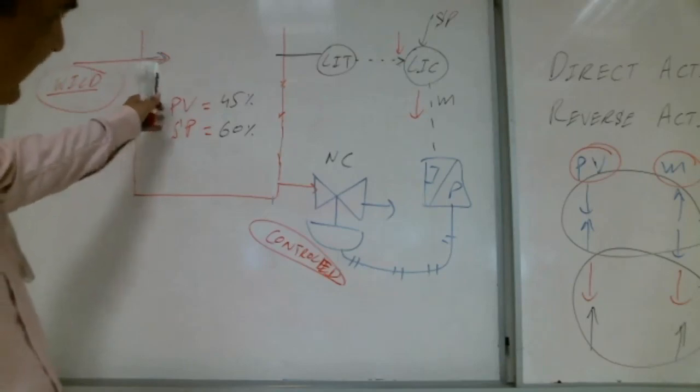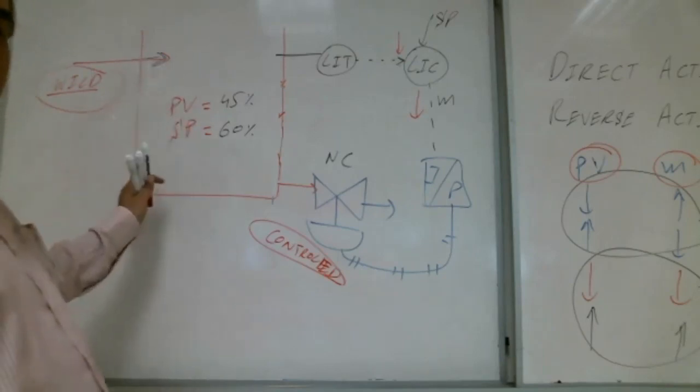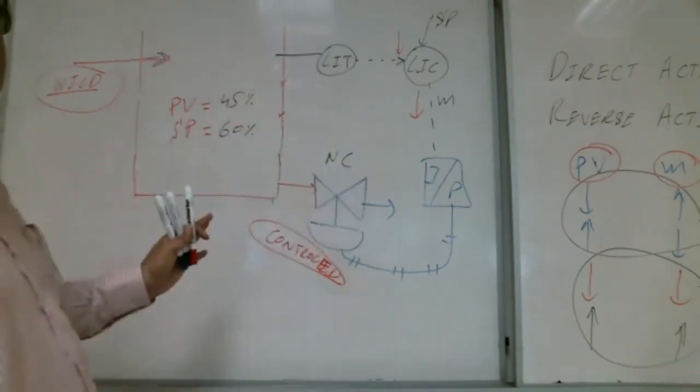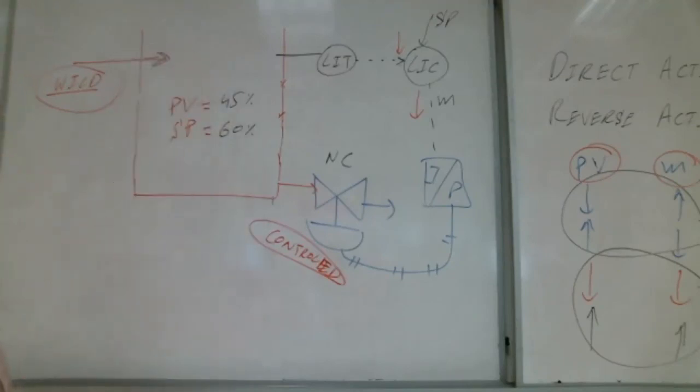The PV and SP values are just for the procedure. They do not play a role in the direct or reverse action. They are just values. You can change them. You can put whichever value you want. You get my point? Yes, I get your point.